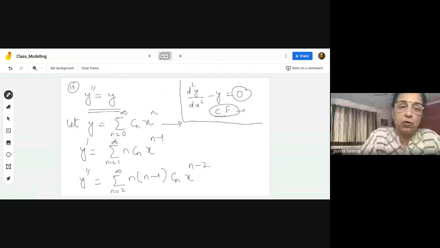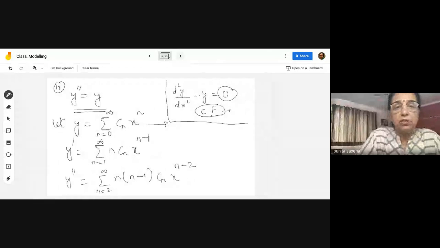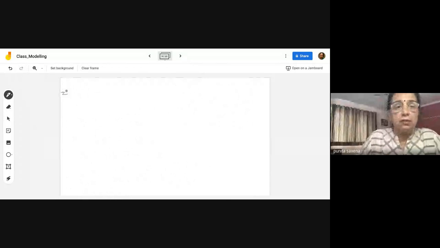Once we have this, obviously we substitute in the differential equation and we get summation n(n-1) Cn x^(n-2), n from 2 to infinity.